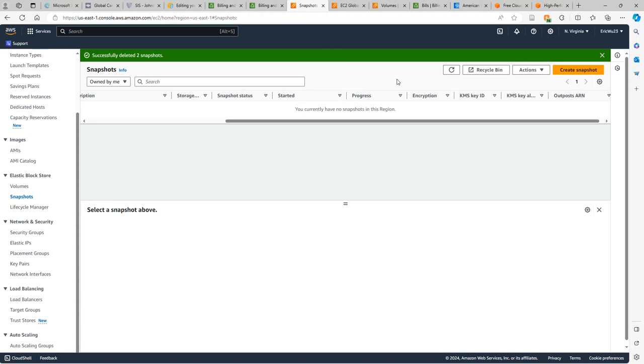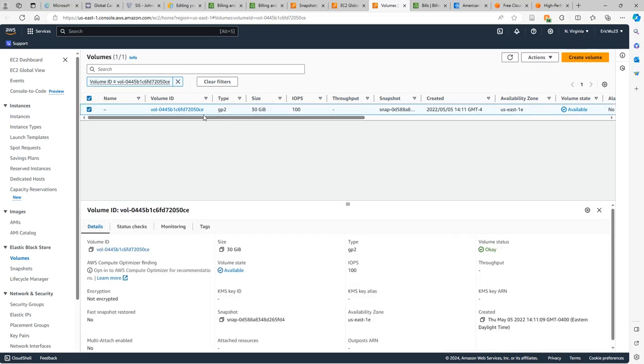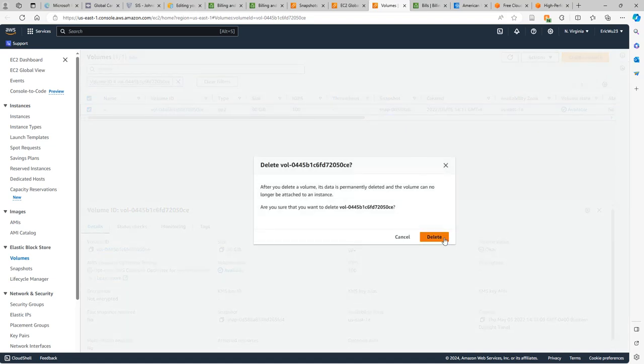Now I will not be charged for those, and similarly the volume, I also want to delete it. I was doing a GPU project, but now it's like after 1 year. So delete volume and delete.